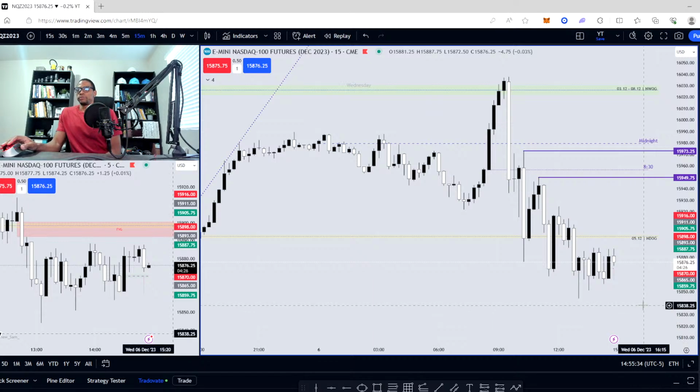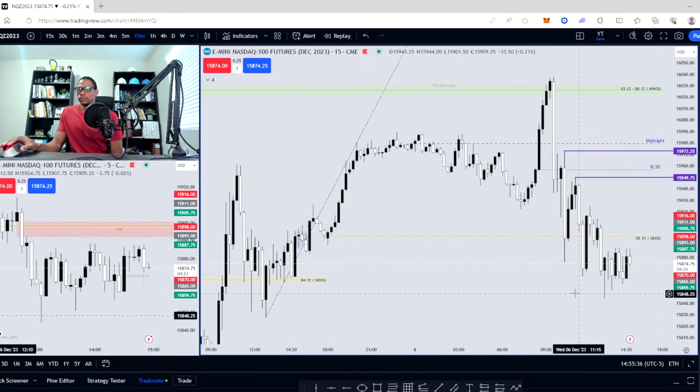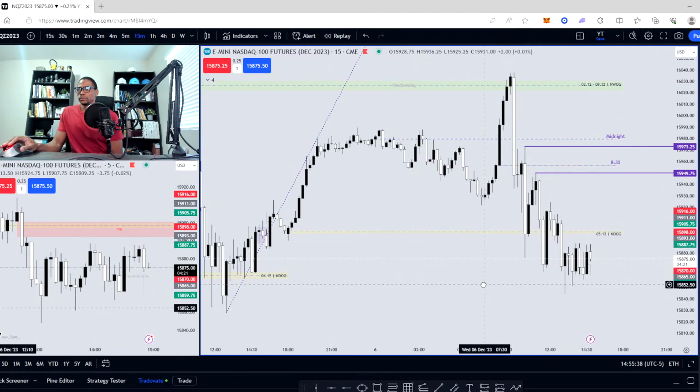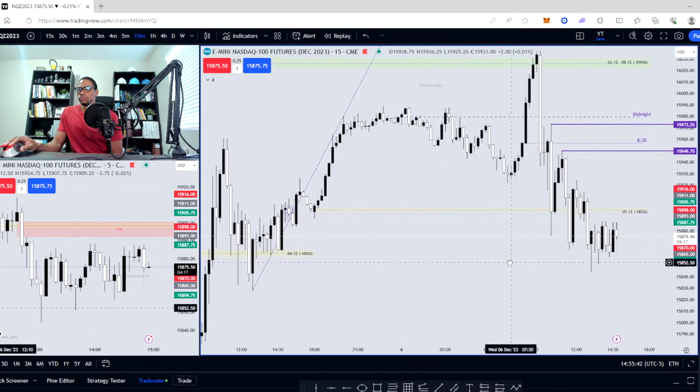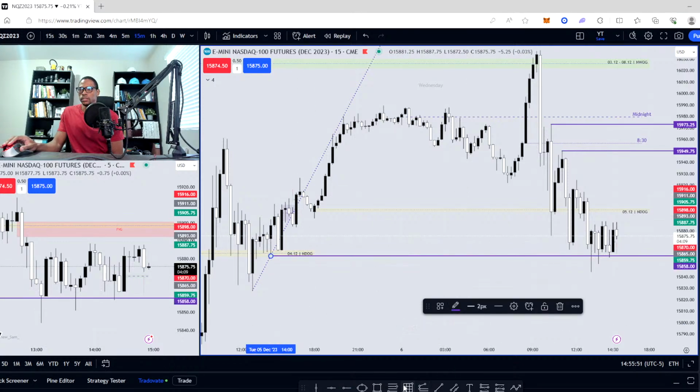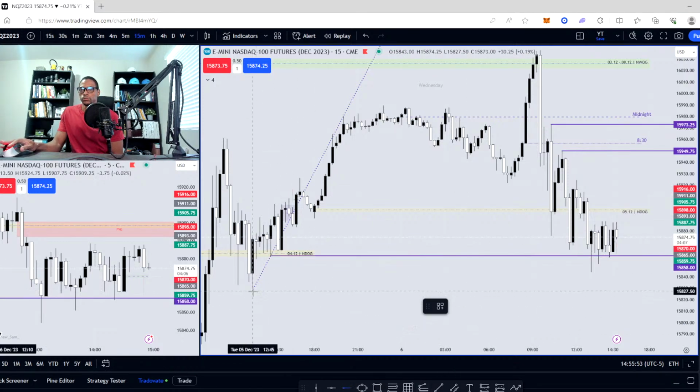So you say you trade 15-minute liquidity. Okay. So does that mean you're short, aiming for this level and then this level?